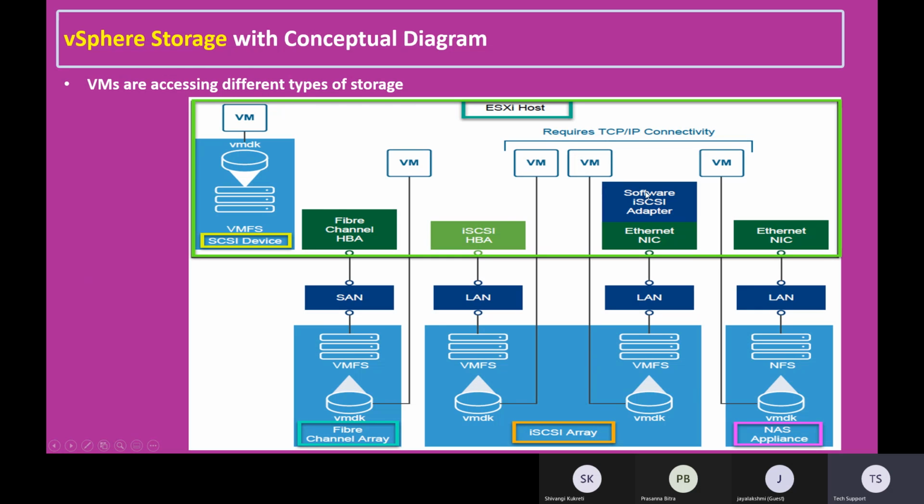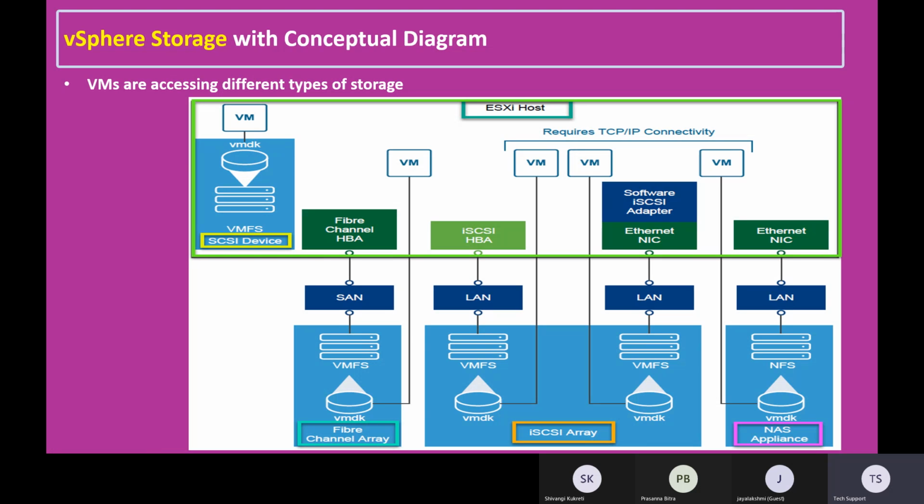This software iSCSI adapter connects through our physical network interface card to our iSCSI array. But instead of a physical storage box, we are going to configure this iSCSI array on a Windows 2022 server. Okay, I hope you have some idea of our vSphere storage overview.